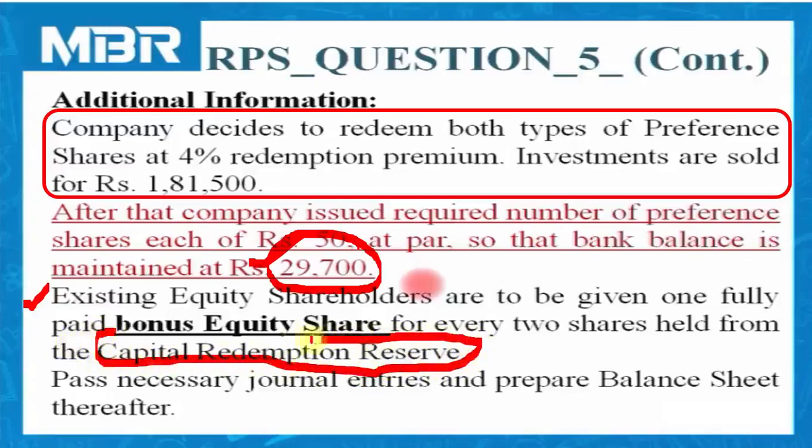So information related to issue of bonus share from CRR is clearly given to us in our question. Pass necessary journal entries and prepare balance sheet. After discussion of the question, let us move to the solution of this problem.